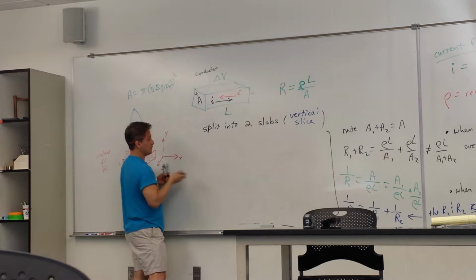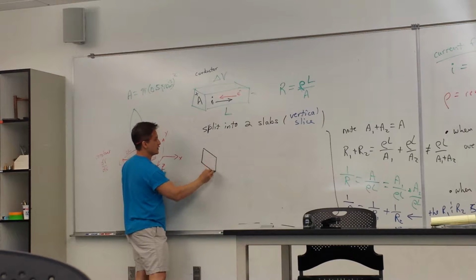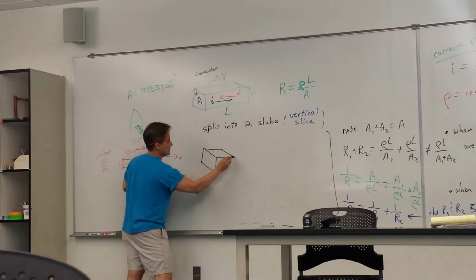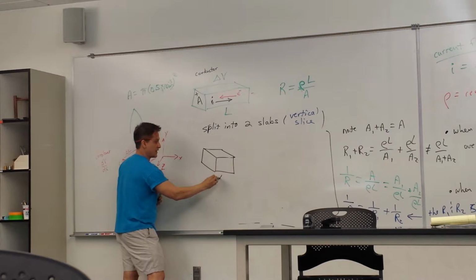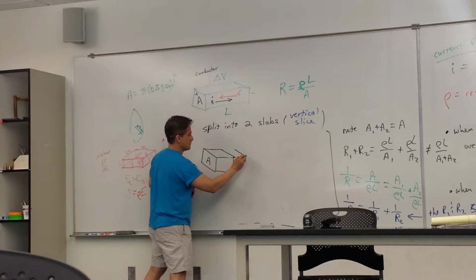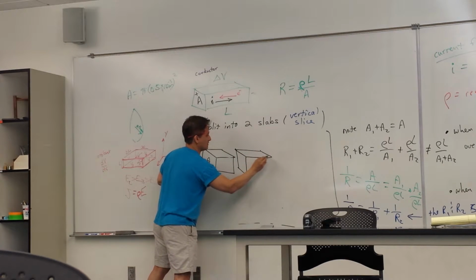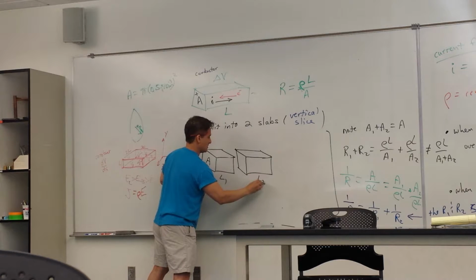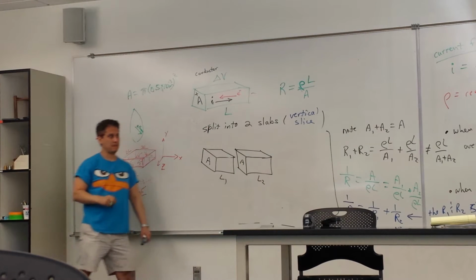Now we would have the same cross-sectional area A, with an L1, and an L2, and a total L.